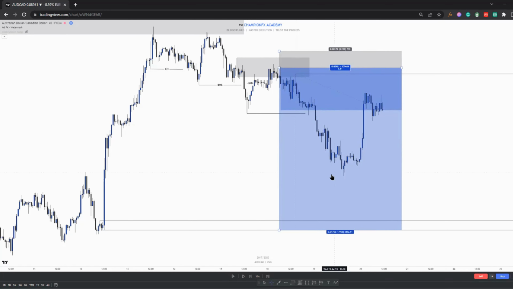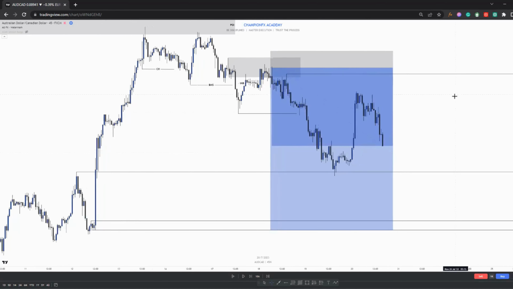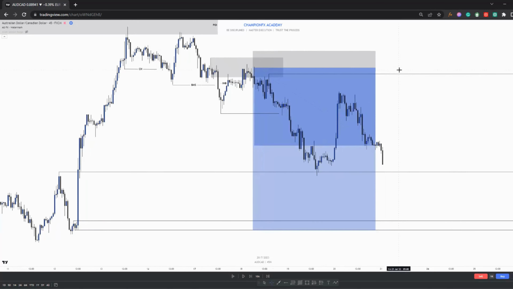Most of those who were holding this trade closed it when price came to this level, but I was looking at price coming into this huge imbalance over here. That was what I was waiting for price to come into, and then from there we started pushing down.